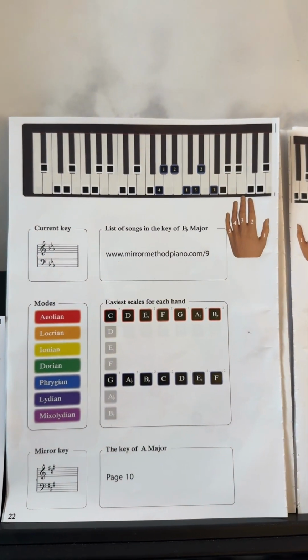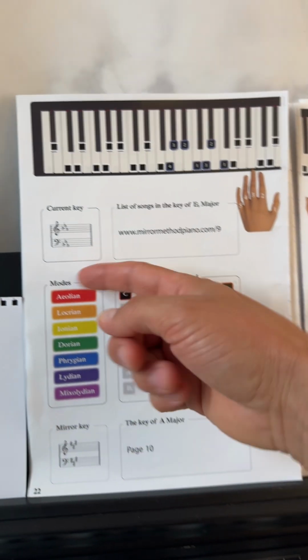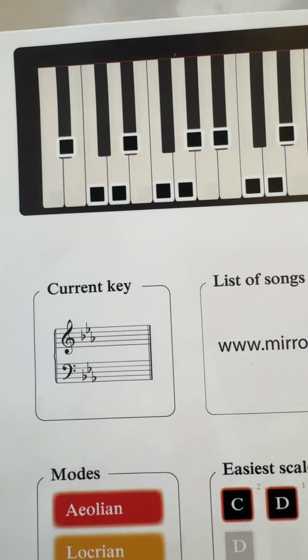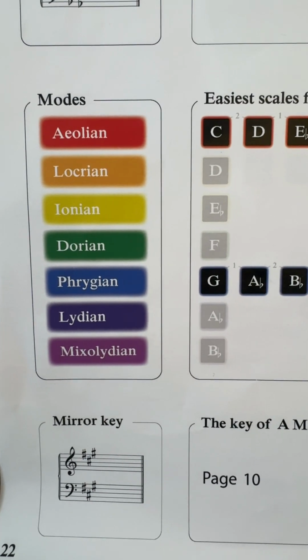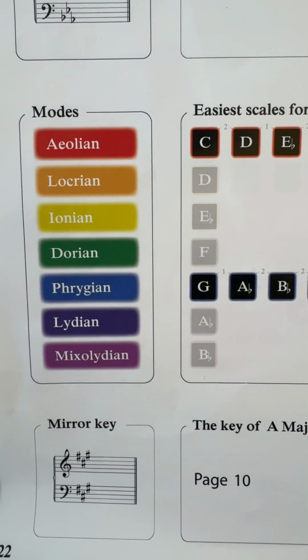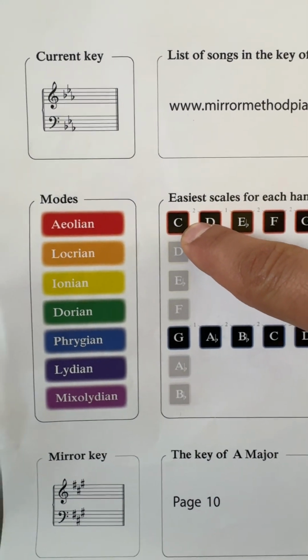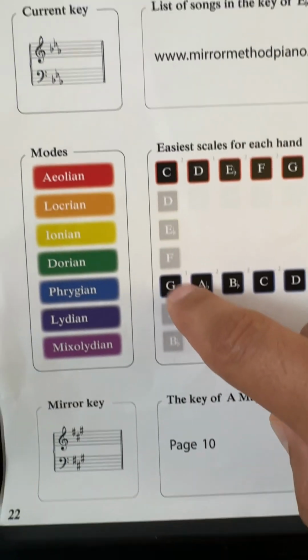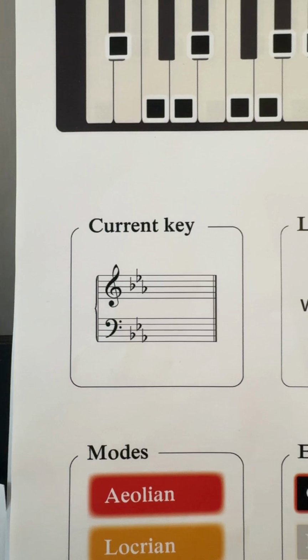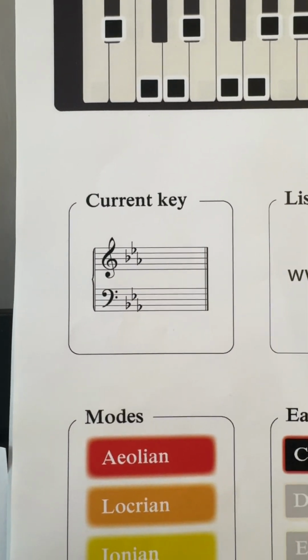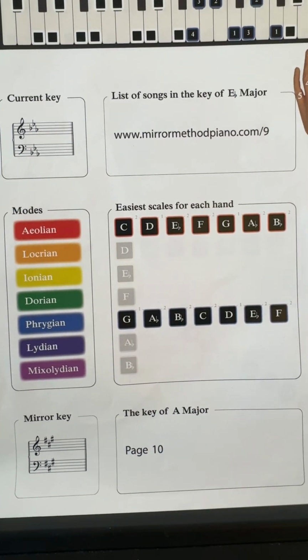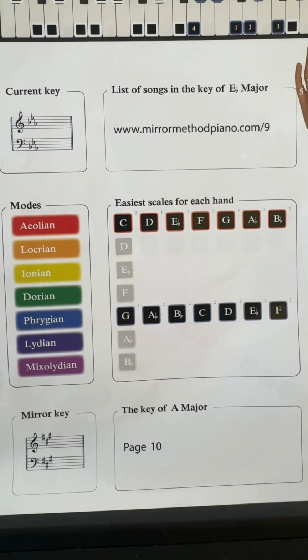You just have to understand that the scales, aka the modes, are always part of a very specific key. So no matter what the name of the scale is, I'm talking about the first letter, the first note, whether it's C Aeolian or G Phrygian, as long as they belong to the same key, or in other words, they're under the same key signature, they're always going to share the same collection of notes, just in a different order.